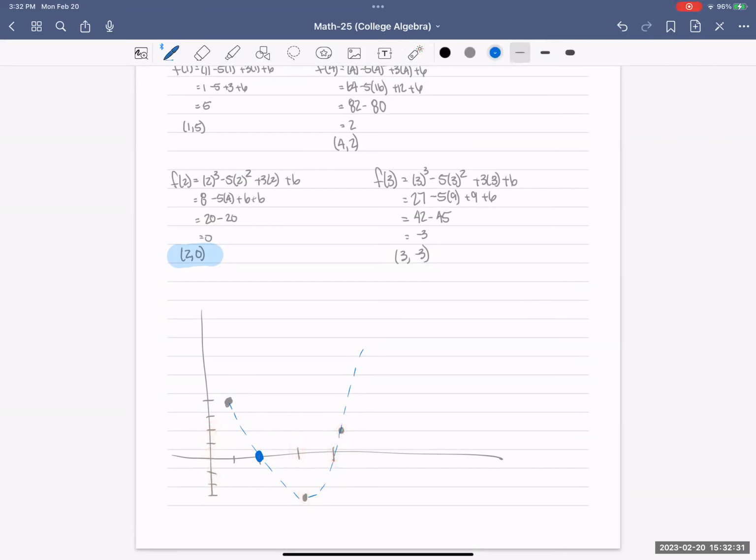We don't know exactly where it is, so we'll just put a little question mark. But based on the intermediate value theorem, we know that it hits a point somewhere between these two numbers because it's continuous. And there you go. That's how you could prove that we have two real zeros between 1 and 4.